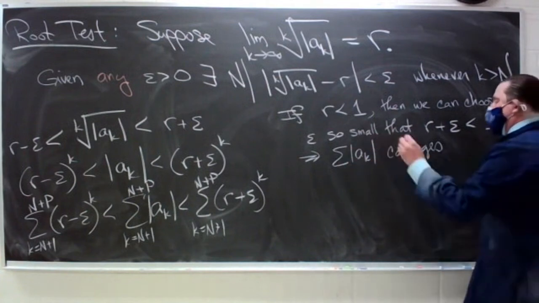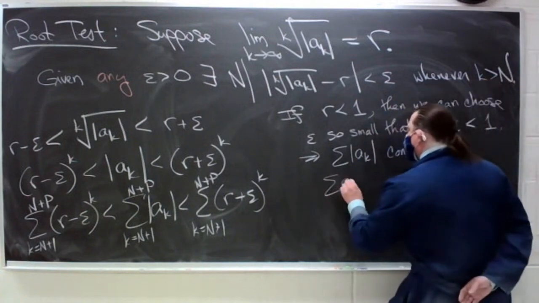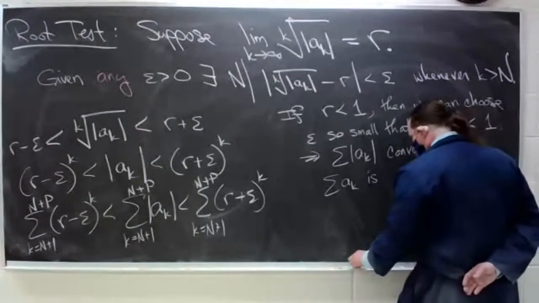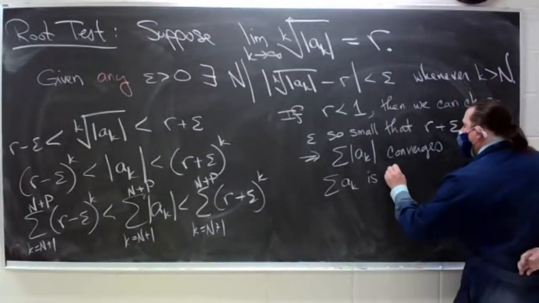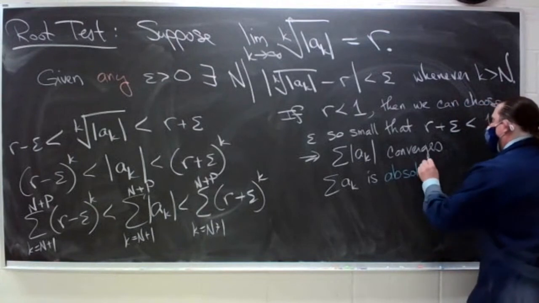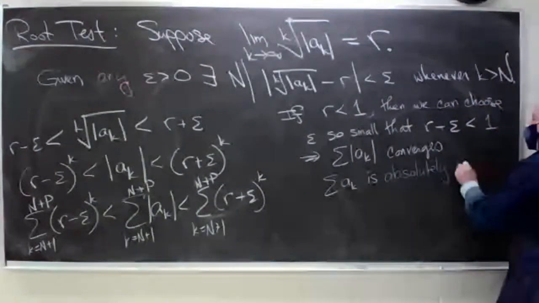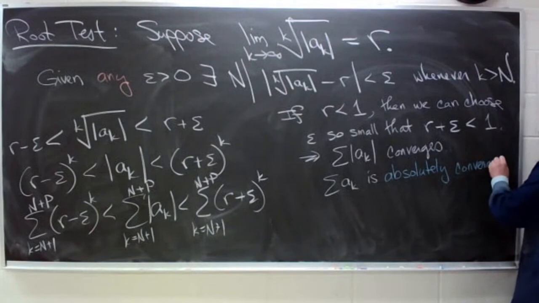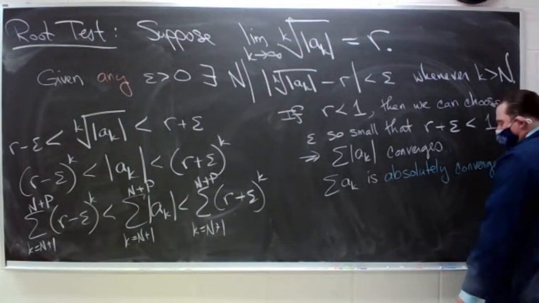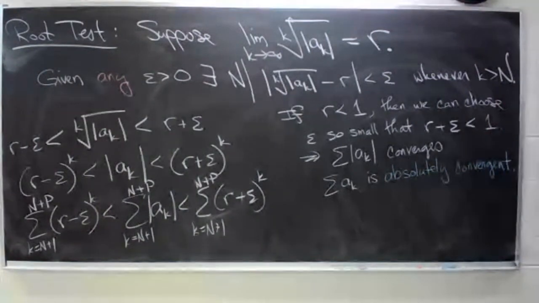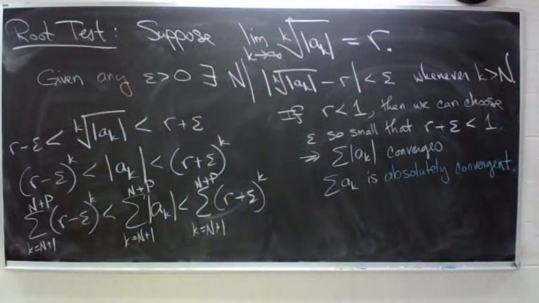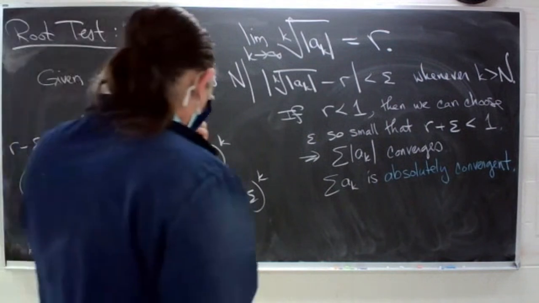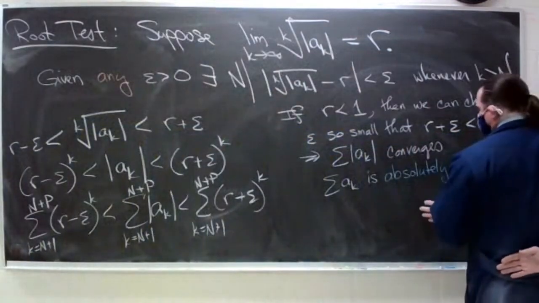What we would say is the sum of a_k is absolutely convergent. It converges in absolute value.